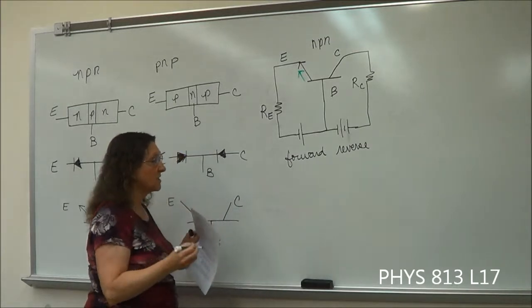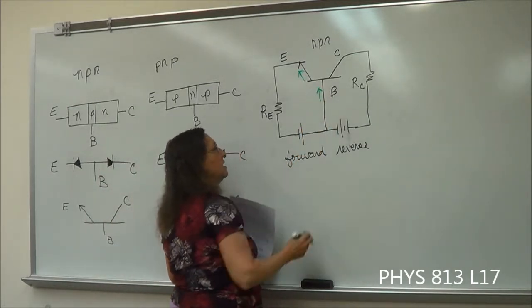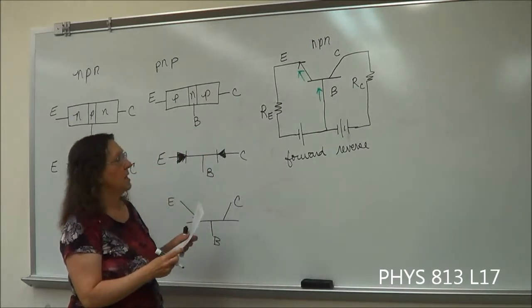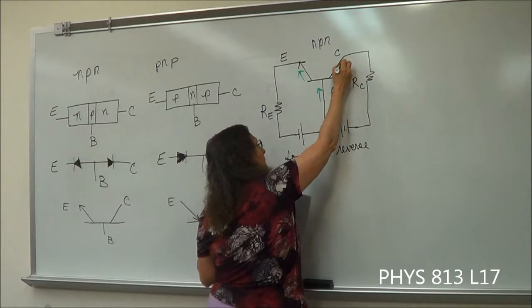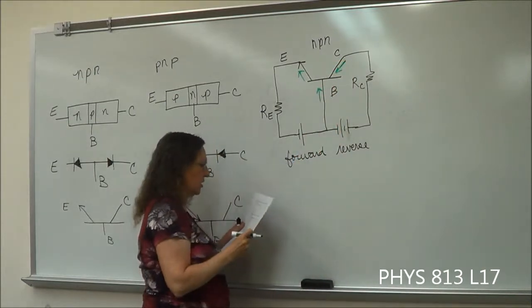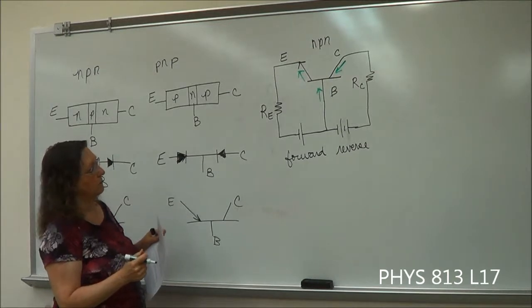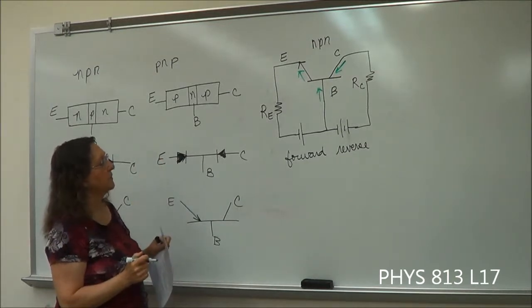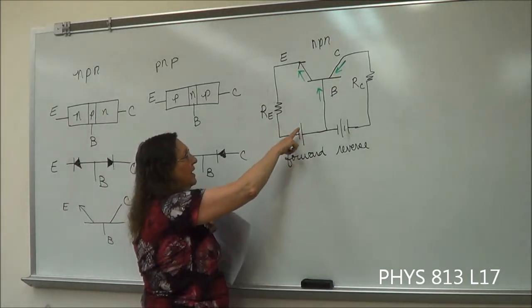The current does go out that side, and for the base it goes into the base, and then what's going to happen is the collector is going to have current going into the part there.